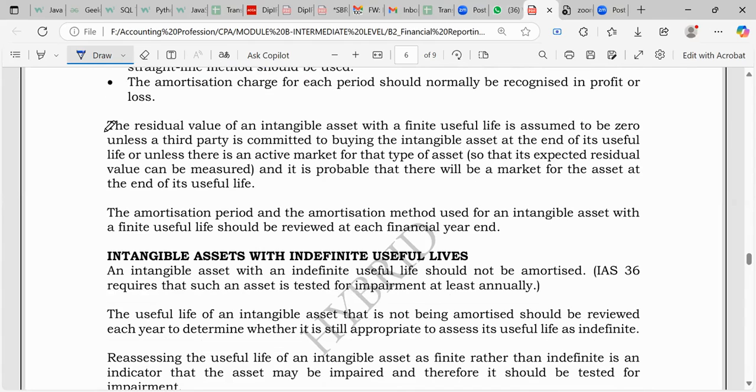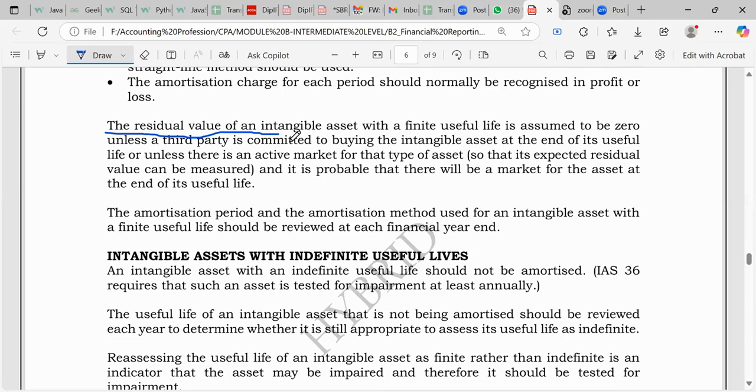You see, they're also speaking on residual value. That's what I told you, when you deal with this one, most of the things will be like you're doing the revisions. They're speaking on residual value. The residual value of an intangible asset with a finite useful life is assumed to be zero, of course. Even for PPE, as long as you have not been told, you will presume a figure of zero.